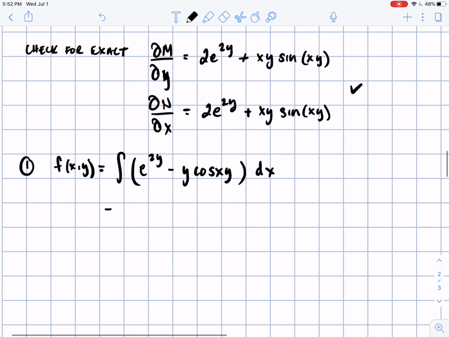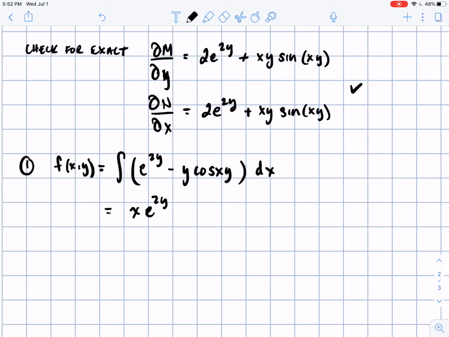So with respect to x, I'm going to get x, because anything with a y is just constant. And now this is tricky. The antiderivative of cosine is sine, so you'll have a sine xy inside there. But what do you do if you had, like, the antiderivative of sine 3x?